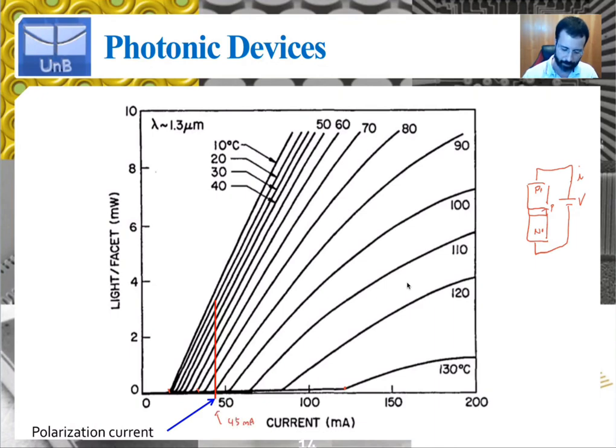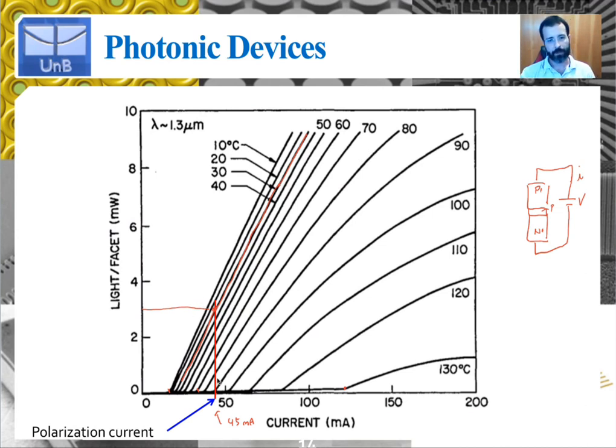So on this point here, this would mean that if we were at room temperature, we'd be sitting on this curve right here, which corresponds to around 30 degrees C, or the one above it, in either case. So we'd be in this curve right here, right? So right at this point, and the power that's emitted by the laser would be around, say, 3 milliwatts, right?